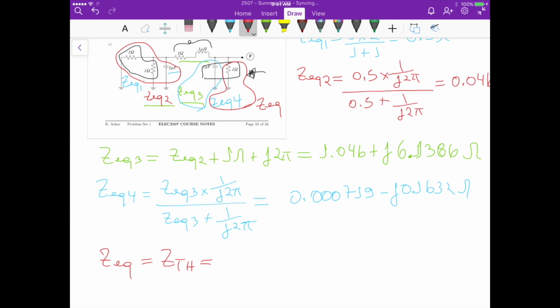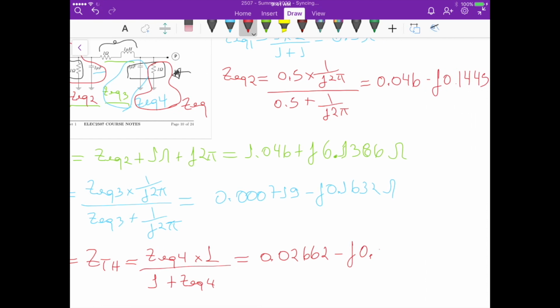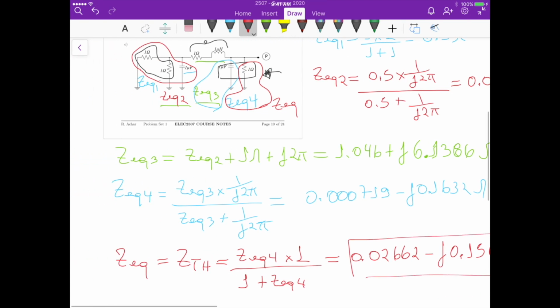Which is the same as ZEQ4 times 1 divided by 1 plus ZEQ4. And that's equal to 0.02662 minus j 0.1588 ohms, right? So that's the final answer, okay?